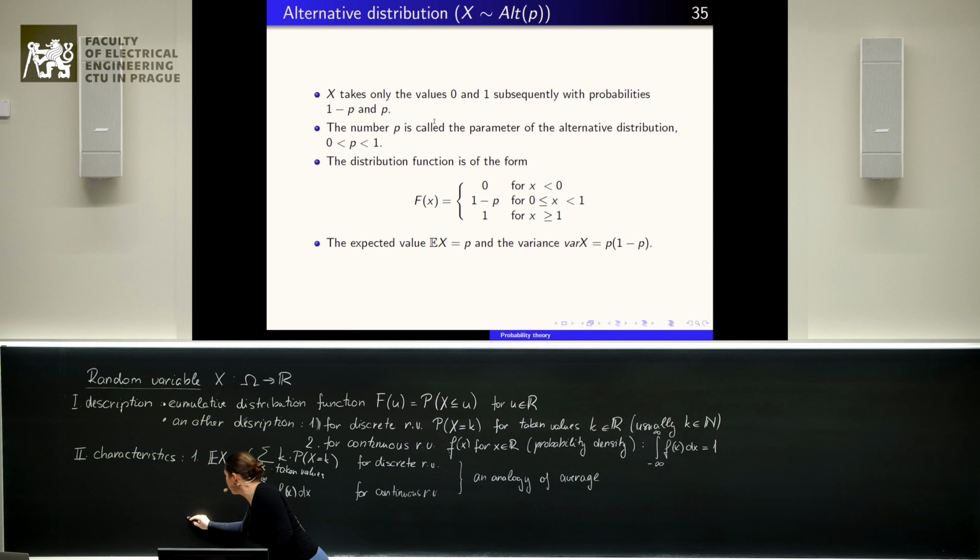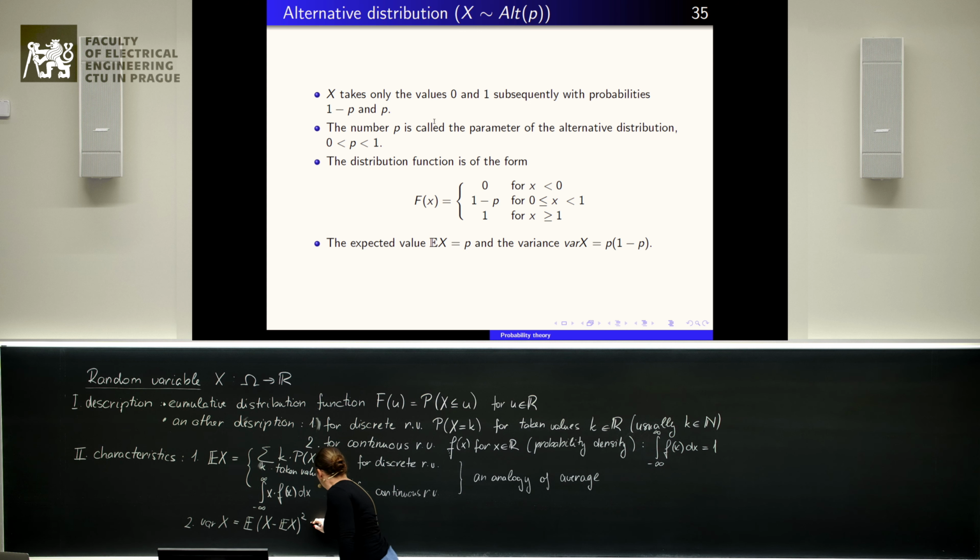Then the second characteristic which I mentioned here was the variance of X, and the variance of X is the expected value, so the mean value, the average value of the square distance of the random variable from its expected value.